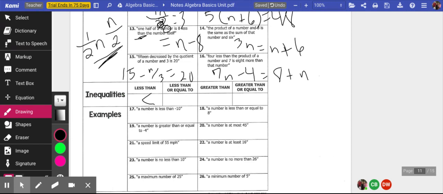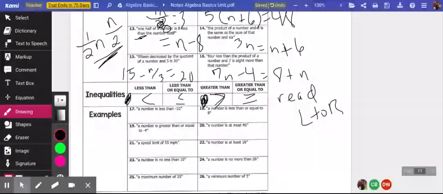So remember, read left to right. You might want to write that. Read left to right for the inequality. So we would say whatever number's over here is less than or equal to, greater than, because whatever number's over here would be bigger than because we're eating it, and then greater than or equal to. So you should be able to go ahead and do the first two.